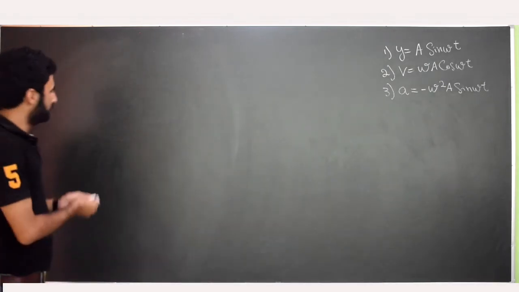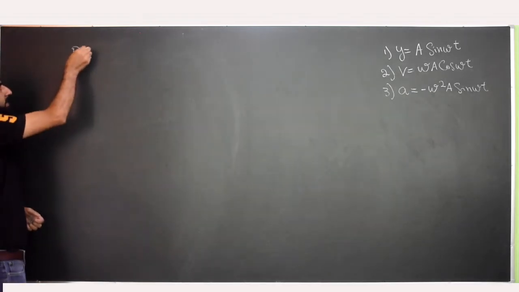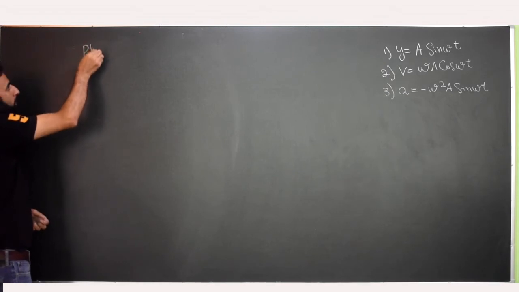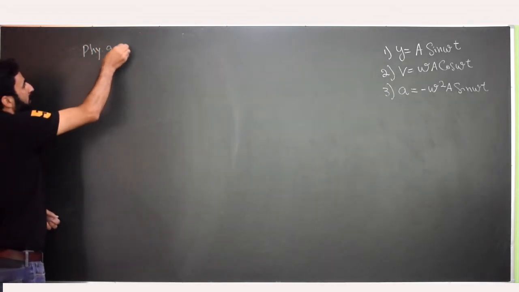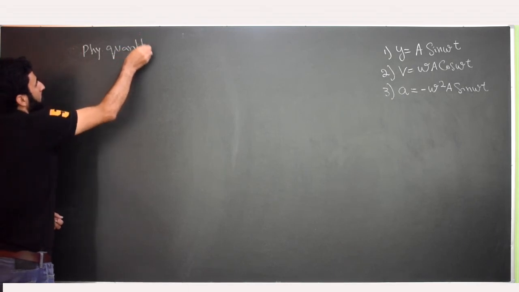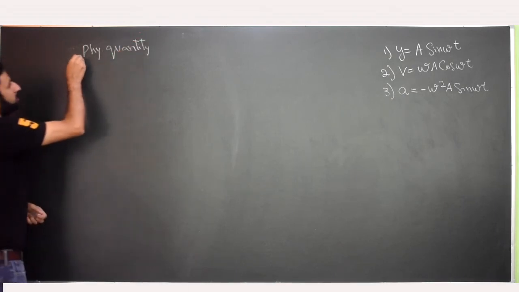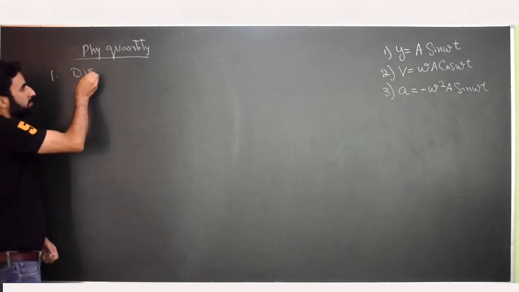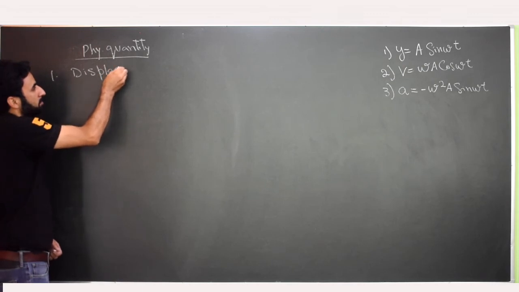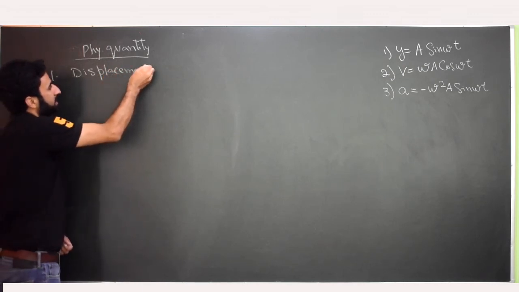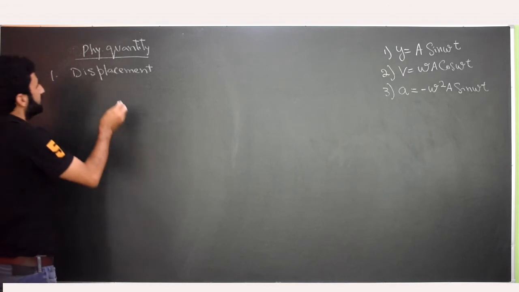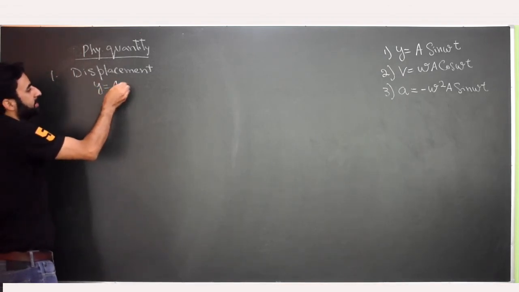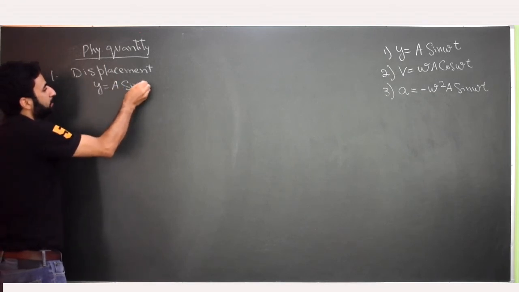Now if we write here the physical quantity, first the displacement. For displacement the equation we have is y is equal to A sine of omega t.